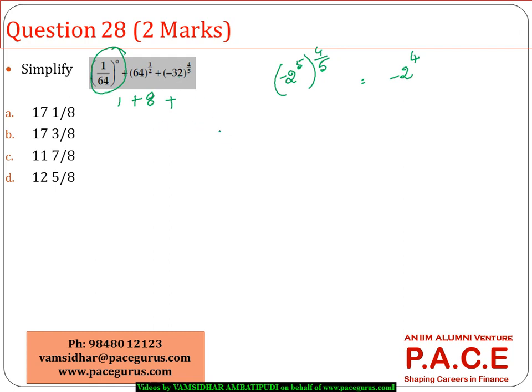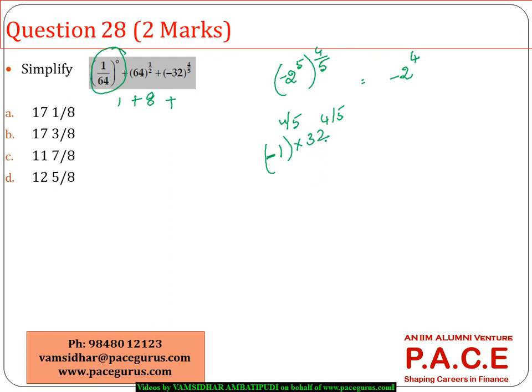Whenever you are talking about minus 32 to the power 4 by 5, you take it as minus 1 to the power 4 by 5 into 32 to the power 4 by 5.